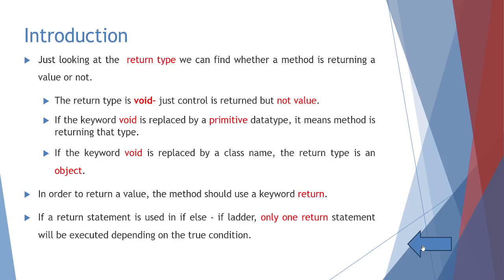If void is replaced by a class name, then the return type is an object. In order to return a value, the method should use a keyword called return. If a return statement is used in an if-else-if ladder, only one return statement will be executed depending on the true condition.